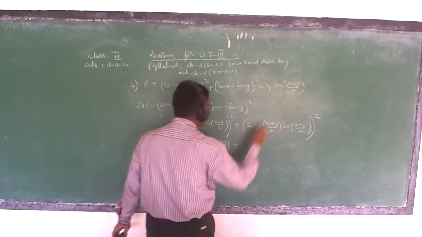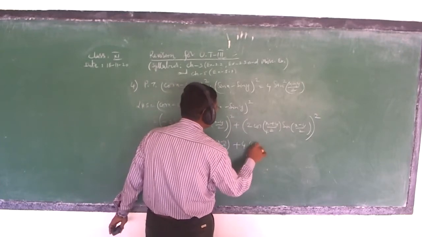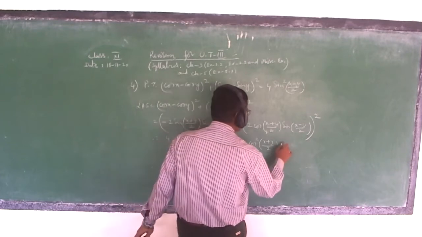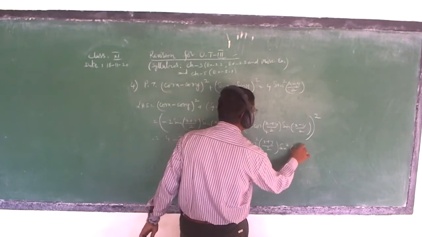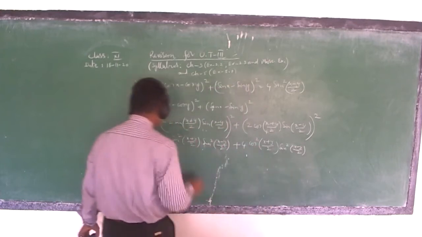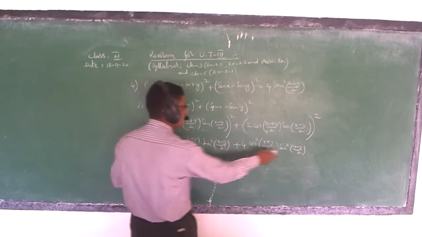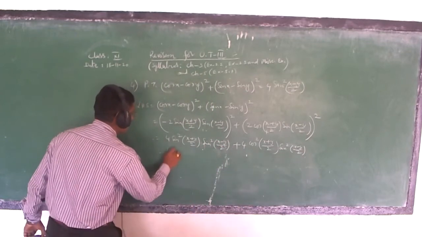Plus here also 2 square is 4 cos square (x+y)/2 sin square (x−y)/2. And now if you observe in both the terms, 4 sin square (x−y)/2 is common.